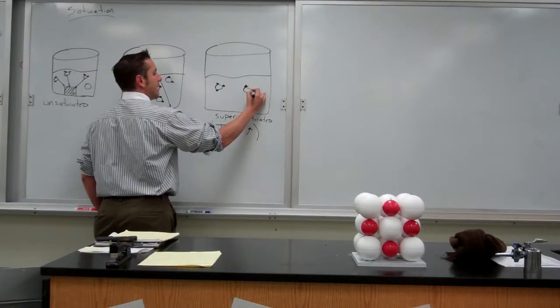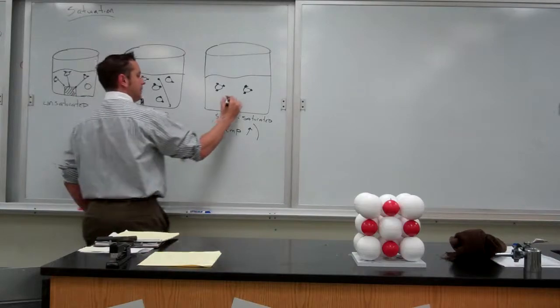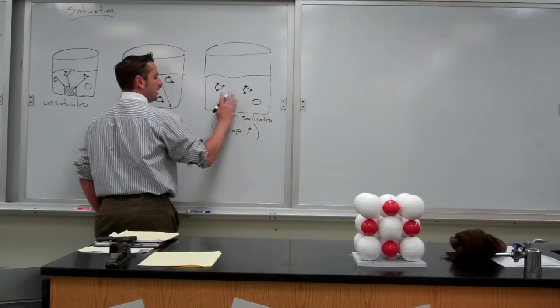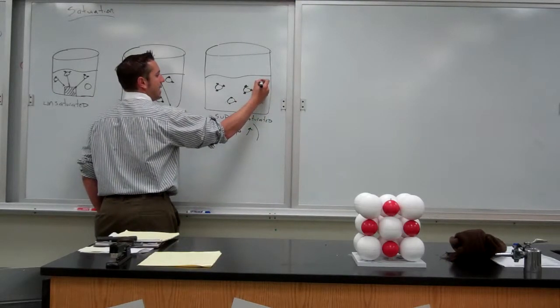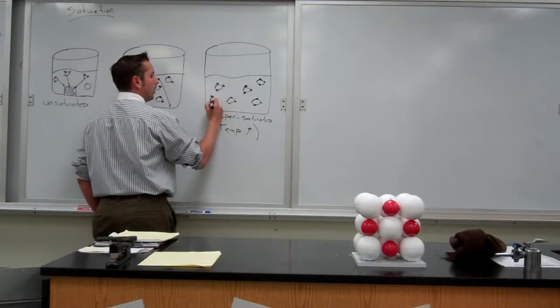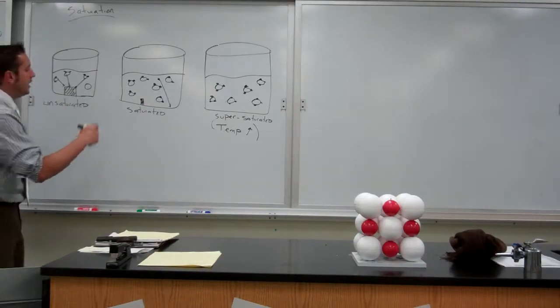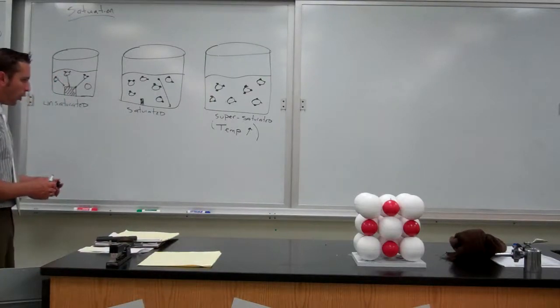And now, instead of being able to hold, say, 2 different solute particles as I depicted here the whole time, we convince them all to hold 3. Which means that now we might be able to dissolve our entire cube of sugar. So you get saturated, unsaturated, and supersaturated solutions.